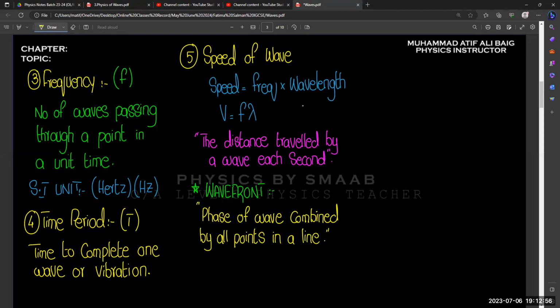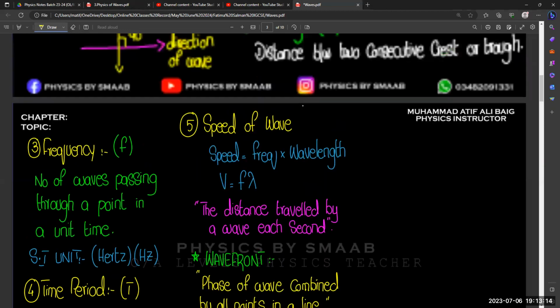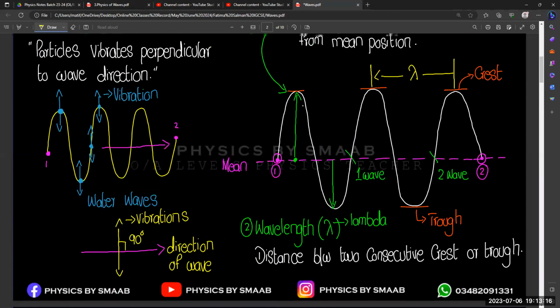If we align all the points, because we discussed in our last class that each particle will vibrate in a vertical direction, up and down, right? In a transverse wave, the particles vibrate perpendicular, while in a longitudinal one it goes in a straight line. So what we need to do is just combine.